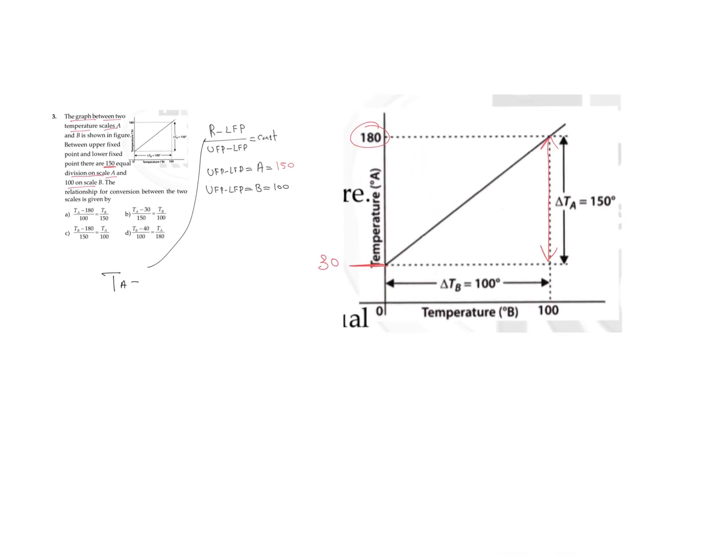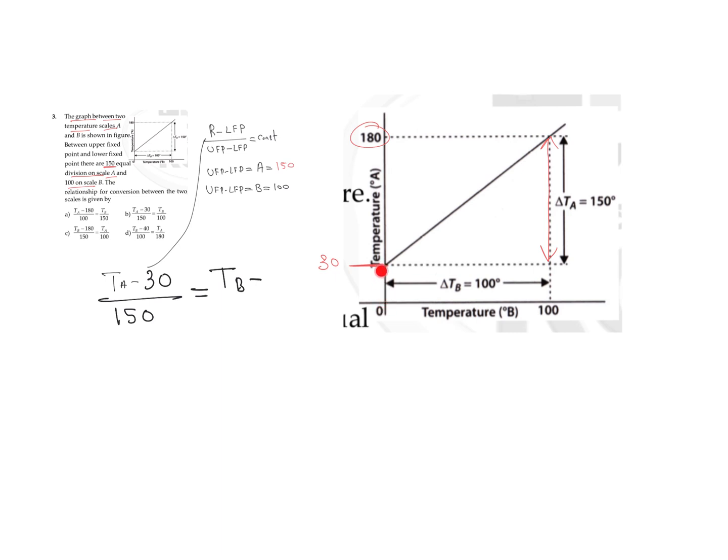So we can write TA minus 30, divided by upper fixed point minus lower fixed point, which is the number of divisions in A, given as 150, or you can write this as 180 minus 30, is equal to the reading on thermometer scale B minus its lower fixed point.